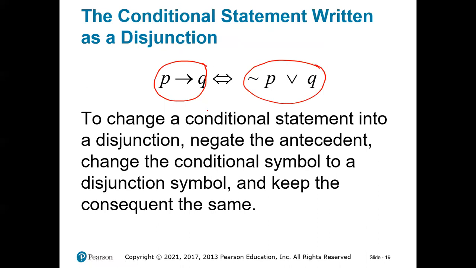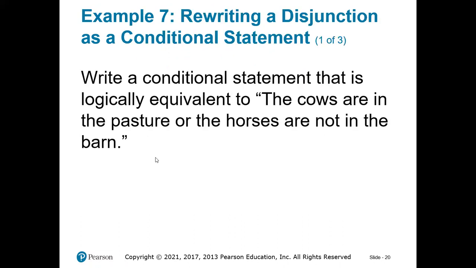If it bothers you, you can always construct the truth table of this one and you will see the same thing as the truth table of this one. So if you have a conditional, you can get rid of the arrow sign by replacing it with the disjunction. That's why the title of this slide says the conditional statement written as a disjunction.